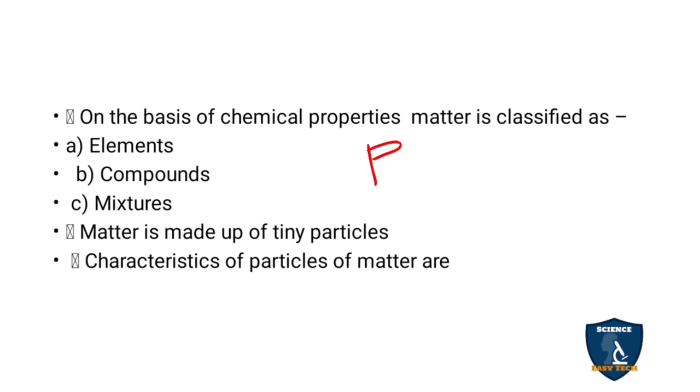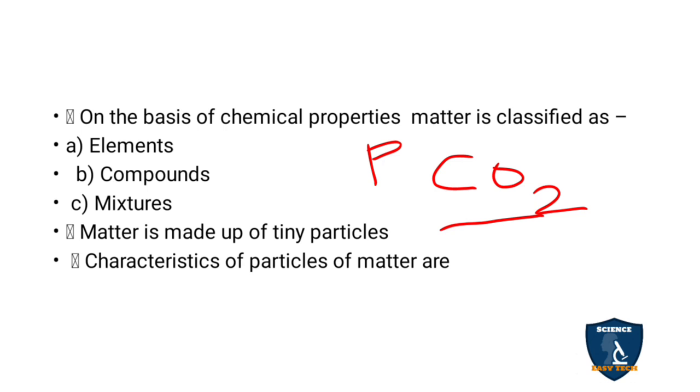Phosphorus is an element. Next we have compounds, such as carbon dioxide. Carbon and oxygen, two elements, join to form a compound called carbon dioxide.